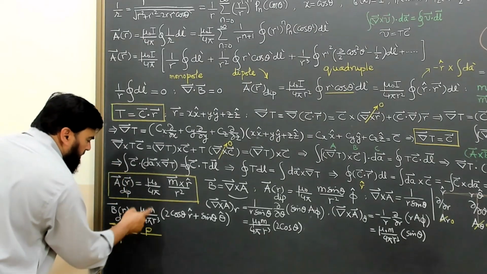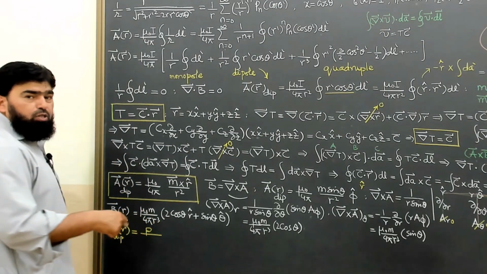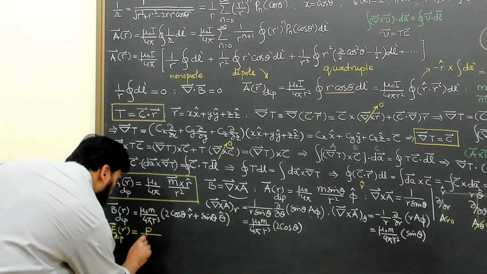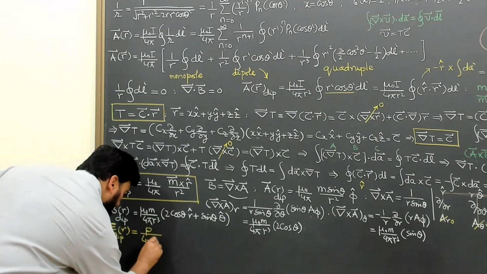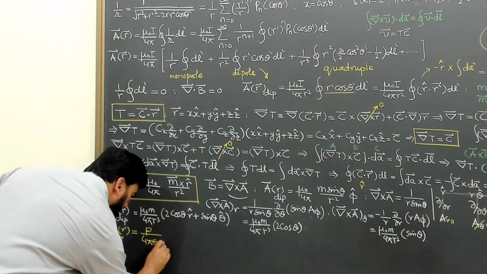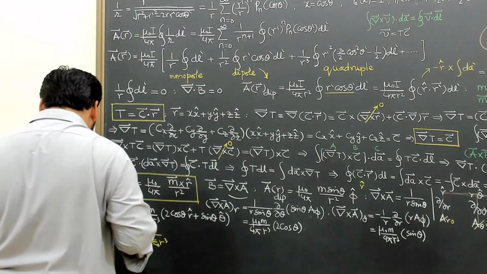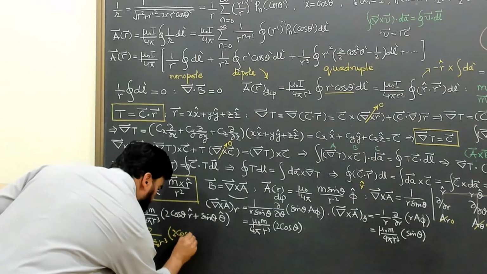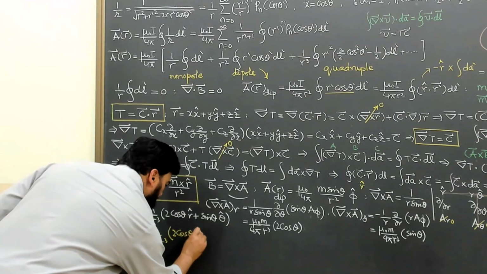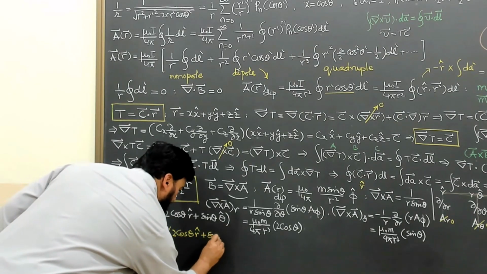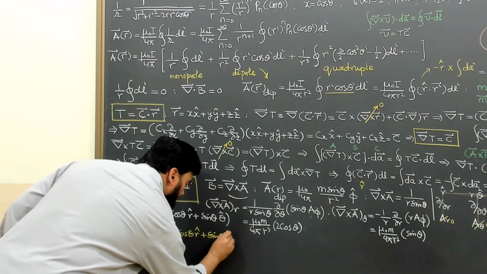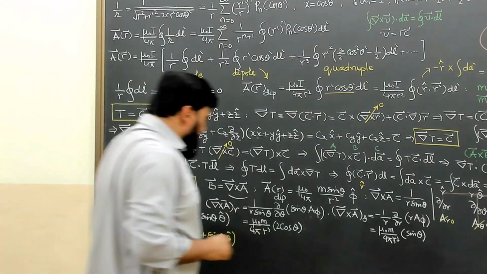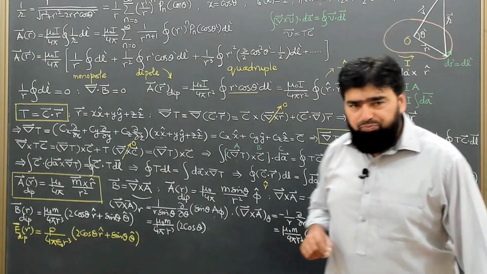Mu naught here is in the numerator, so it will come to the denominator, and we have 4 pi epsilon naught r cube, and then the rest of the term is the same: 2 cos theta in r unit vector plus sine of theta in theta unit vector. So they are completely the same thing here.